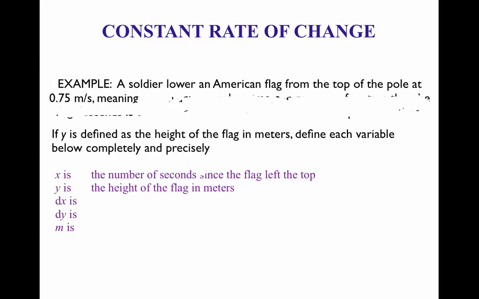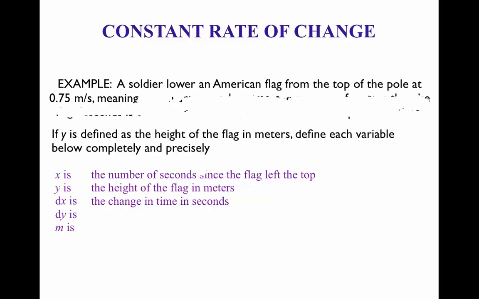So what is dx? What's the meaning of that? Change in time since the flag left the top of the pole. And what's the unit on that? Seconds. Good. So his is better than mine.